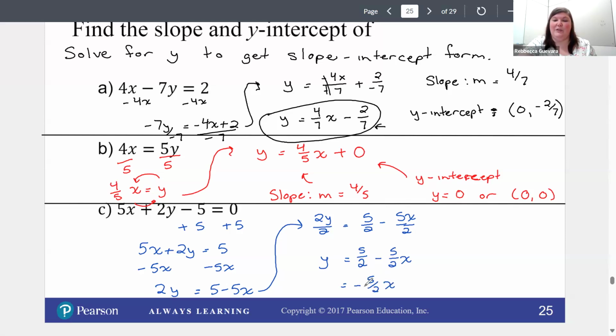So if you want to, we can write the x term first. But here we get a negative slope. So my slope here is going to be negative 5/2 because that's what's on the x. And then my y-intercept is 0, 5/2.